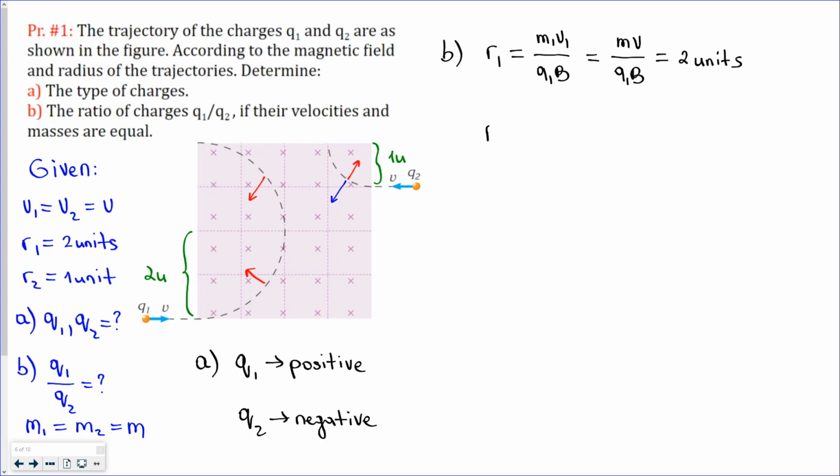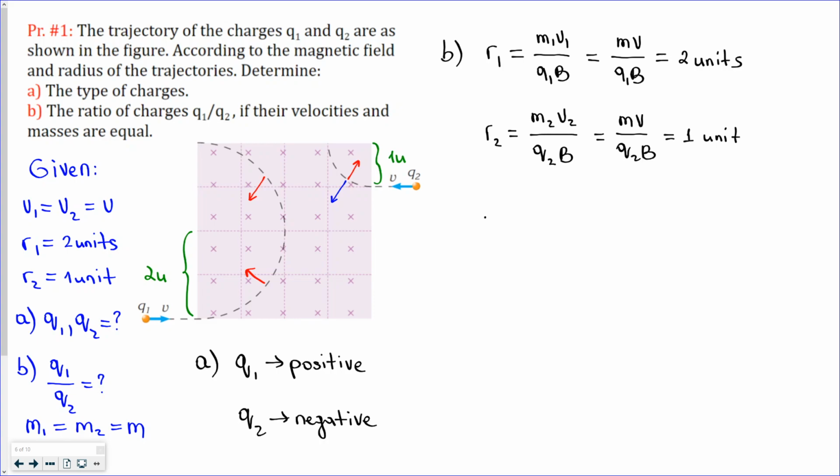And for R2, it's m2 v2 over Q2 B, and it's equal to 1 unit.